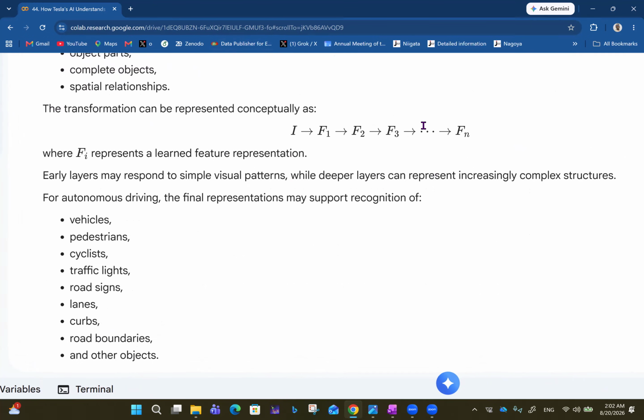So different features are learned about the road, the objects, and things like that. For autonomous driving, the final representation may support recognition of vehicles, pedestrians, cyclists, traffic lights, road signs, lanes, curbs, road boundaries, and other objects like trees.